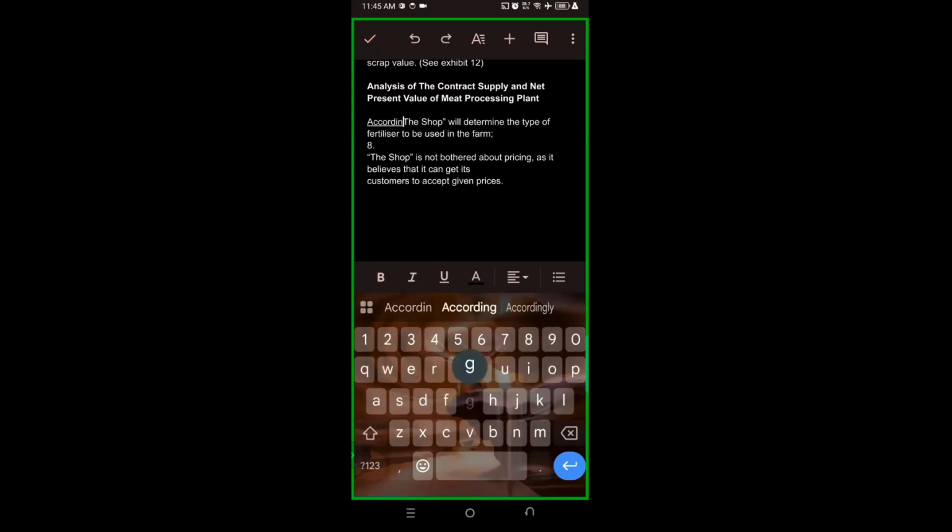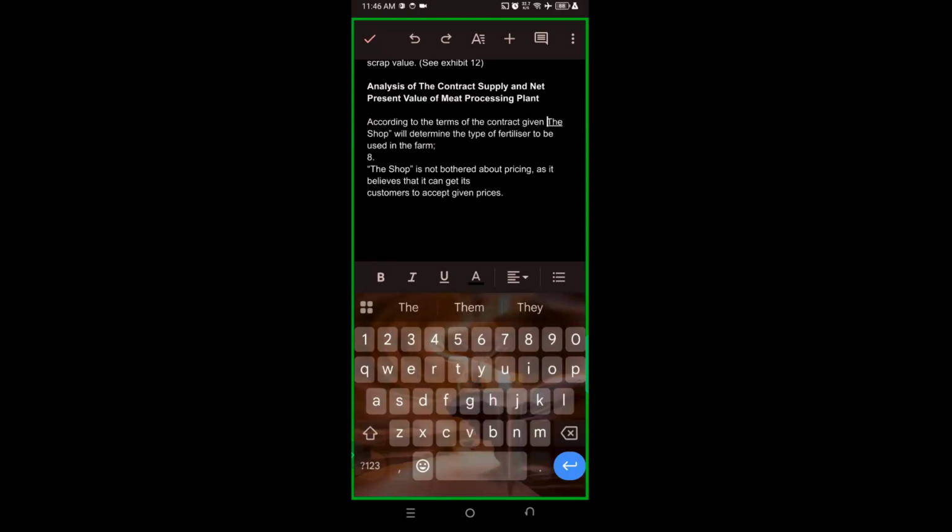So I can say, according to the terms of the contract as presented by Bishop, the company will determine the type of fertilizer to be used in the farm by DFFP, right?